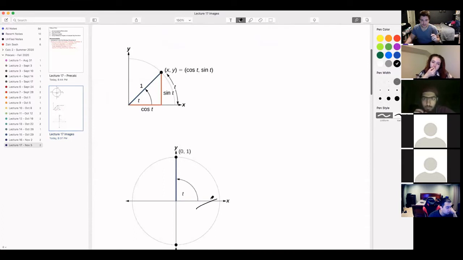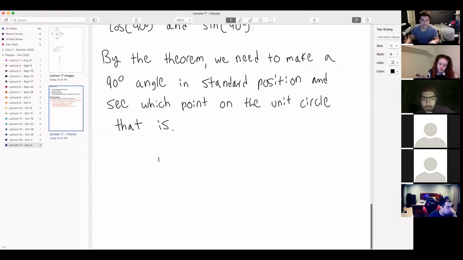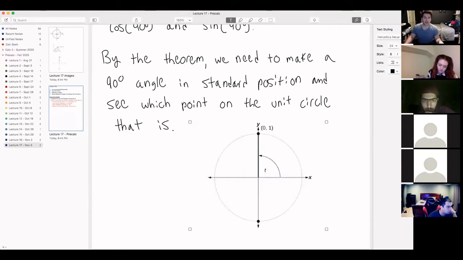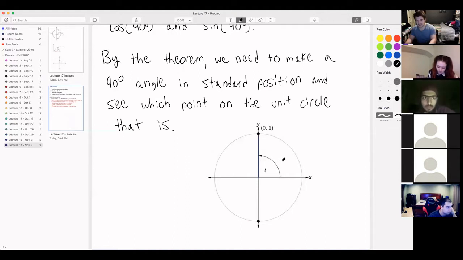This is very nice here. So in this we went 90 degrees. I hope you guys agree this angle t is 90 degrees. Now, what coordinate of the unit circle do we intercept here?